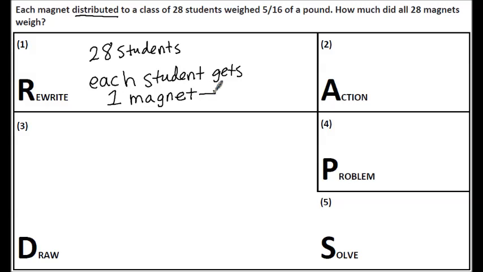Now if we read further, we see that each of those magnets weighs 5/16 of a pound. And it's asking us how much did all 28 magnets weigh.